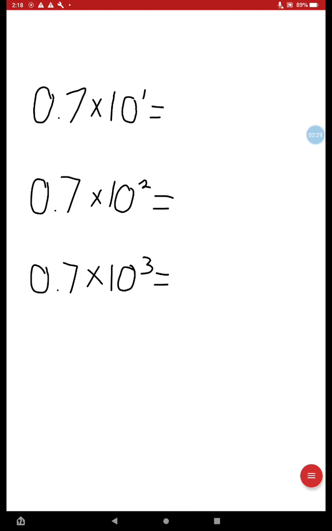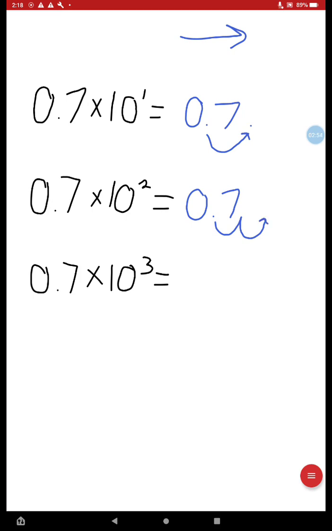Remember, since I'm multiplying by exponents of 10, I'm going to get a bigger number, so I shift to the right. 7/10 times 10 to the first, shifted over 1 place. 7/10 times 10 to the second, shifted over 2 places. Fill in the empty place with a 0.